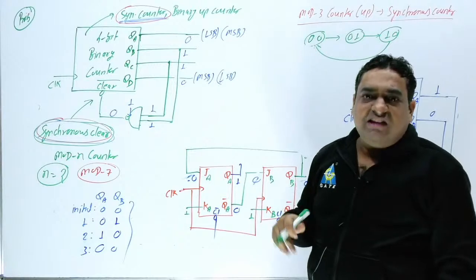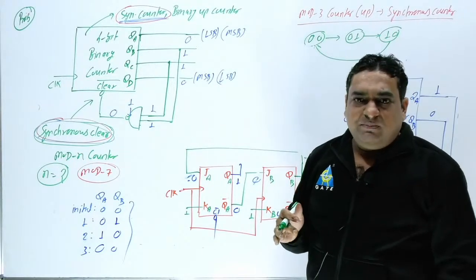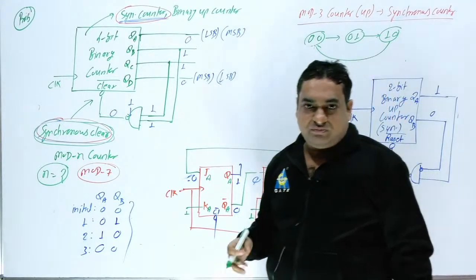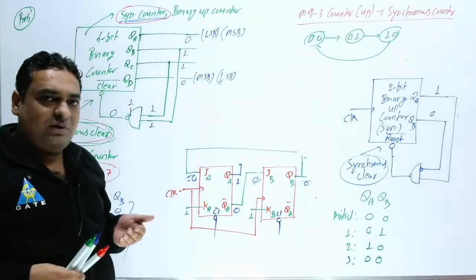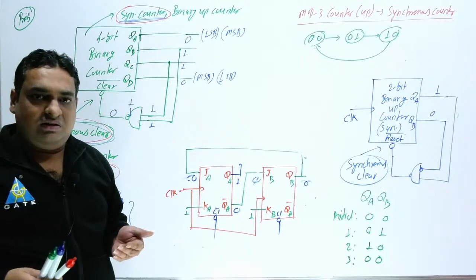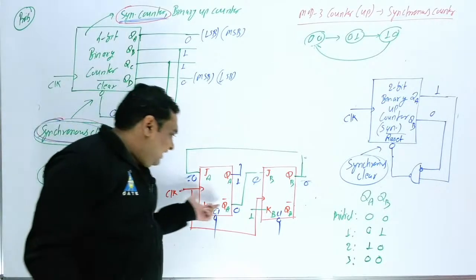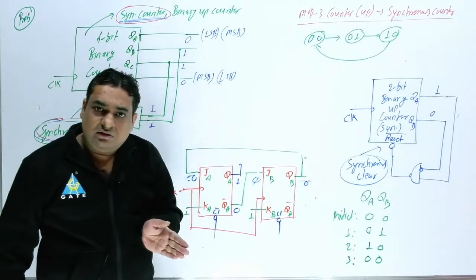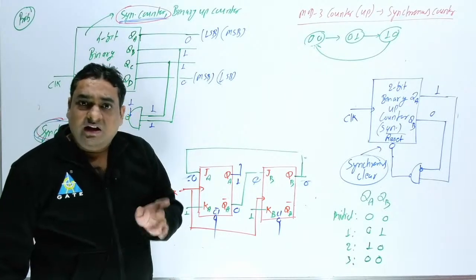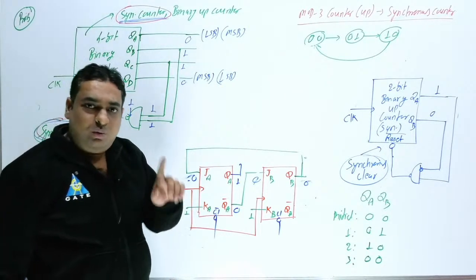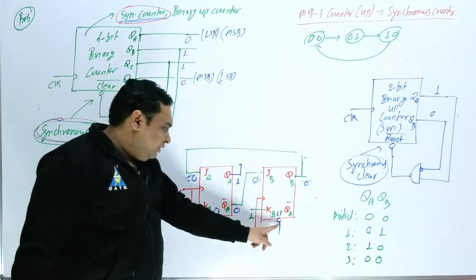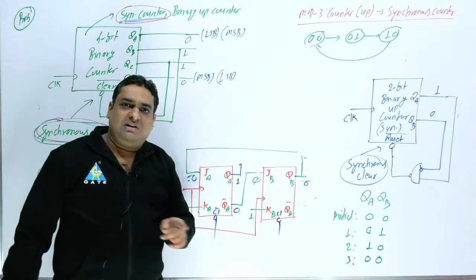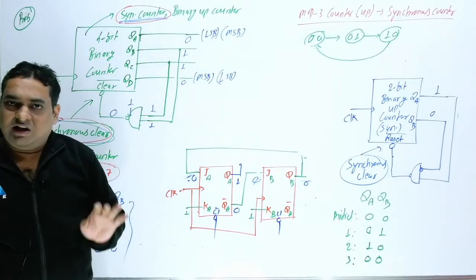But if this is an asynchronous clear, how can you design an asynchronous clear? You will design a standard up counter here, and 1 1 is not required. So when you get output 1 1, that 1 1 is connected to this clear. I hope this thing is clear.